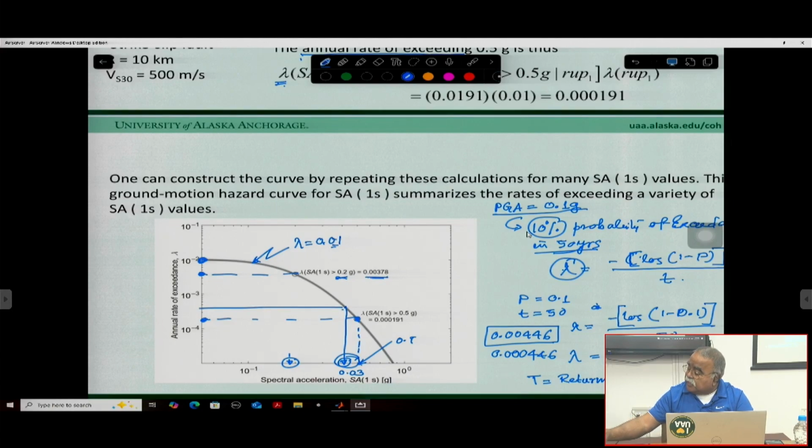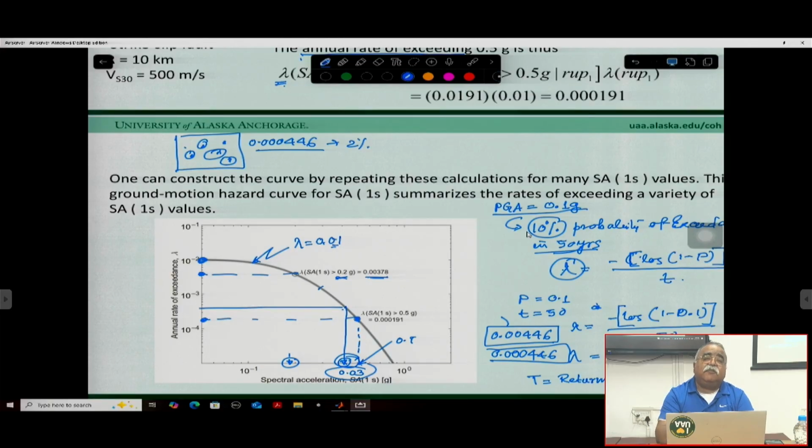Say suppose 0.0046, that's the uniform probability of exceedance, and from this curve we compute what the spectral acceleration will be. So in a map, all the sites I have given 0.000446 as their base, and then this site will have 0.03, this site will have 0.05, and these are contoured with the same uniform probability of 0.000446, that means the 2% probability in 50 years.